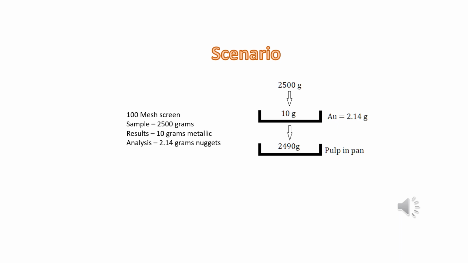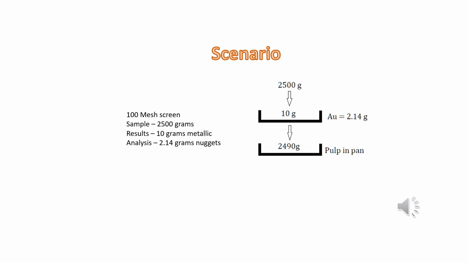So you take your bucket and you take a scale and you weigh out approximately 2,500 grams of material. Let's round it off to 2,500. This is just a scenario for calculation. And let's say you ran that 2,500 grams through your 100 mesh screen. On that screen, you ended up with 10 grams of metallic, and in your gold pan, you ended up with 2,490 grams of pulp that you set aside to one side.